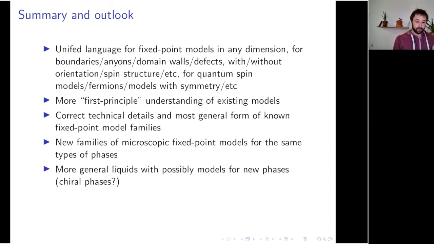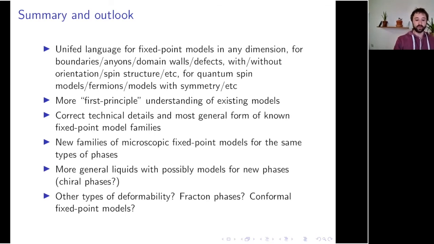Then we've seen that it's also possible to write down more general equations, which possibly allow for more general solutions. And a hot candidate for this is chiral phases. Last but not least, one might also look at other types of deformability, such as a fractonic kind of deformability, or maybe even conformal deformability for critical models. Okay, that's it from my side.